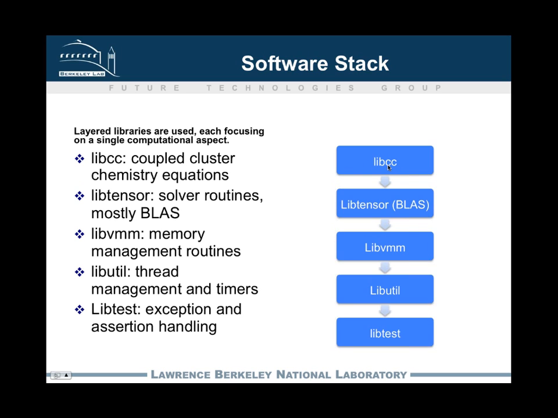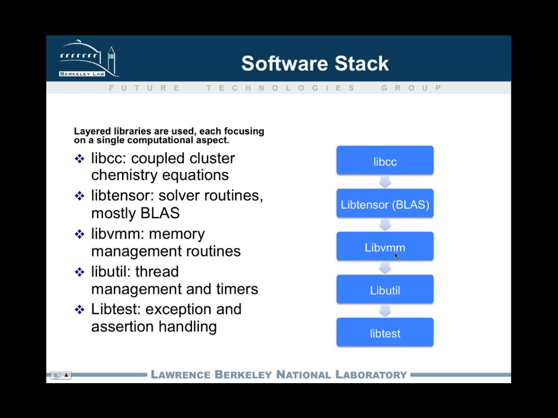And this library tries to generate tasks based on these equations that can be solved by another library called Libtensor, which is built on top of multiple class libraries. One of them is MKL, which I will discuss today.